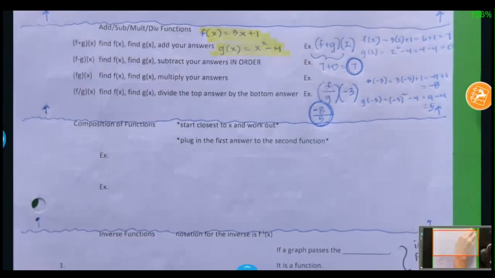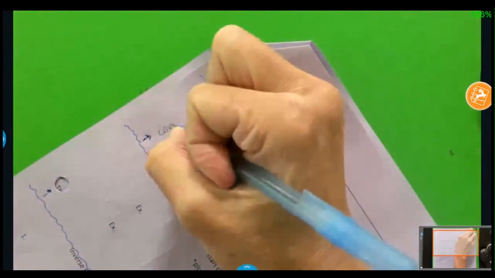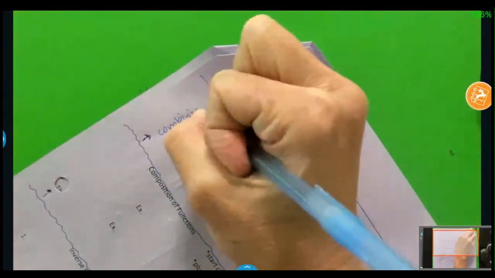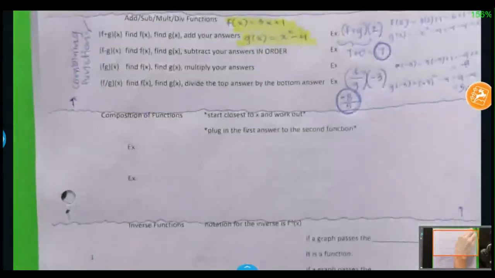That's the easiest thing of this entire chapter, is adding, subtracting, multiplying, or dividing functions. It's called combining functions. I'm going to write that on the side of the paper. This little step right here is called combining functions, and you're combining them with one of our 4 mathematical operations.